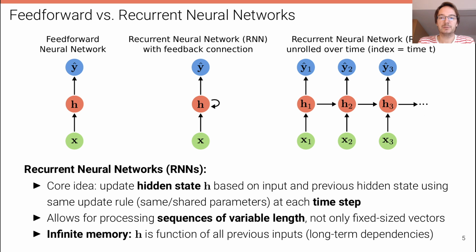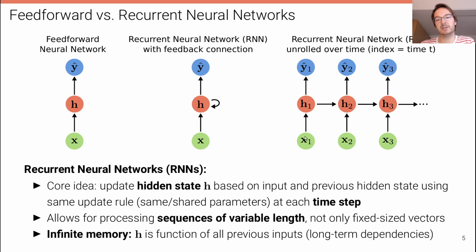What is also important about this type of model is that they have infinite memory, in theory at least. This is because this hidden state vector H can store information from infinitely far ago, from the very first time step. And this introduces very long-term dependencies, right?